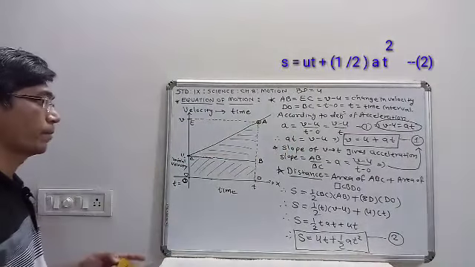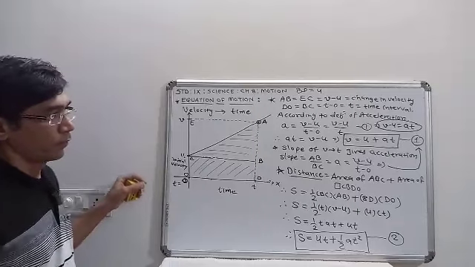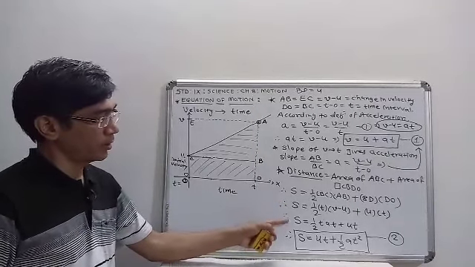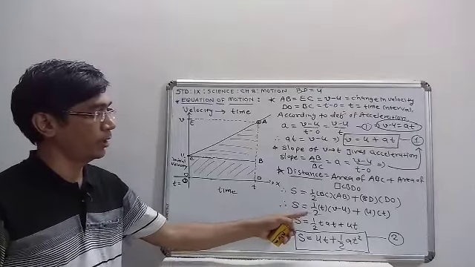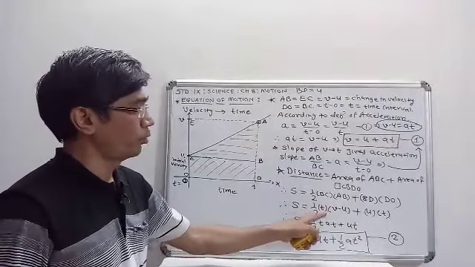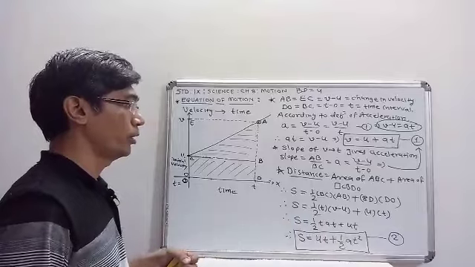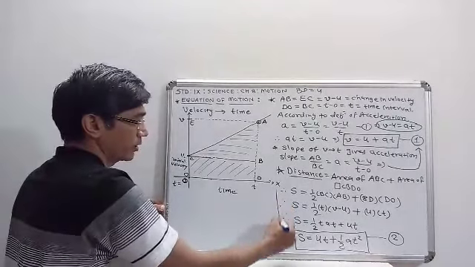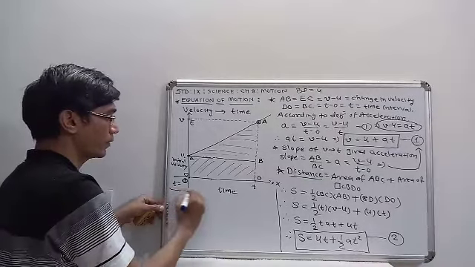Second equation of motion. Now from the second equation of motion, s is equal to 1 by 2 into t (v minus u) plus ut. Here we can simplify this equation and we get another equation.